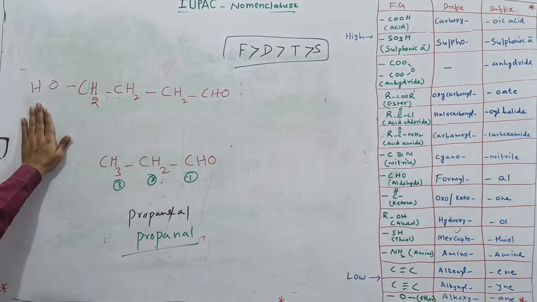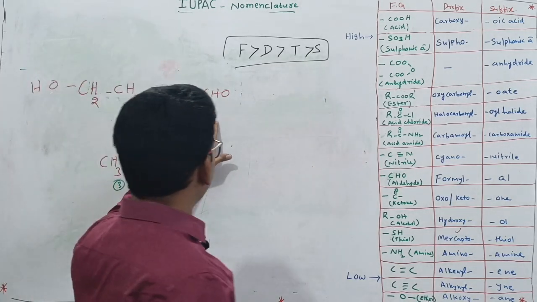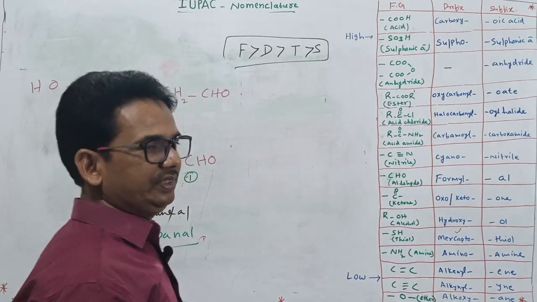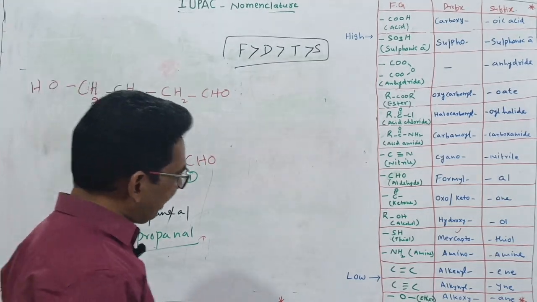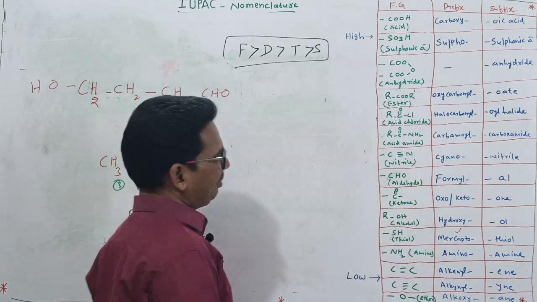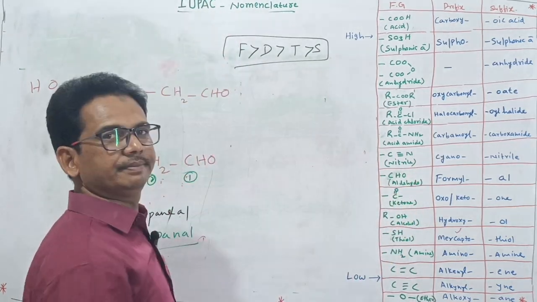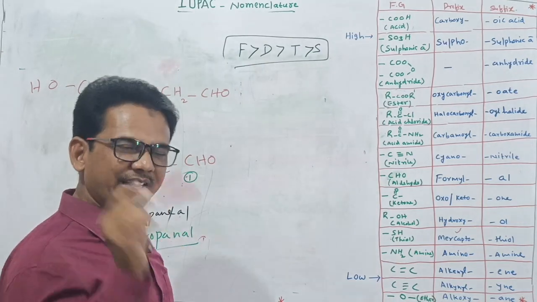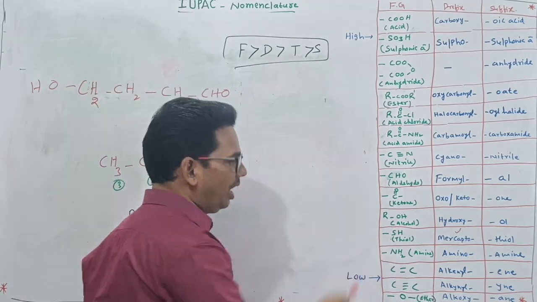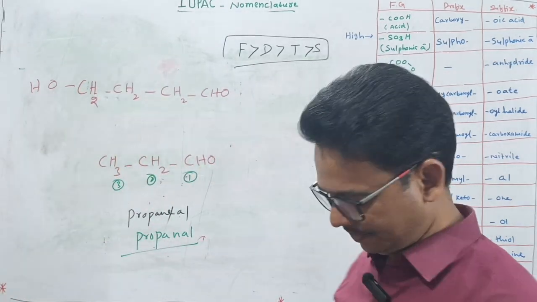See, from this end OH is first position, from this end aldehyde is first position. Which one has more priority? इसमें aldehyde को रहेगा ज्यादा priority. अल्कोहल यहाँ है, aldehyde उससे ऊपर है, high. Okay, aldehyde MP है, अल्कोहल MLA है. Respect किसको देना है? MP को दो.